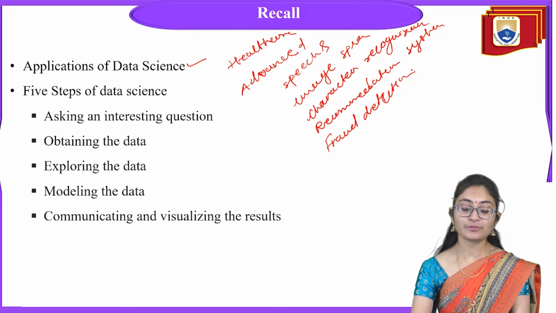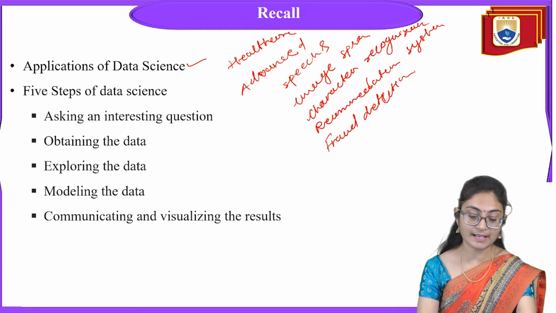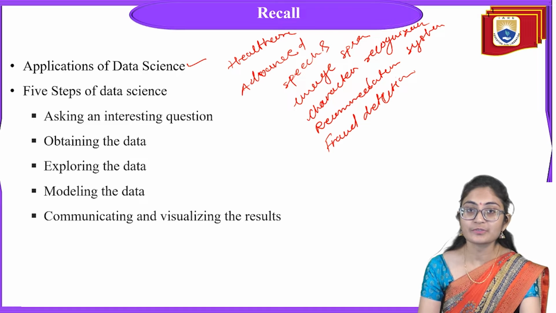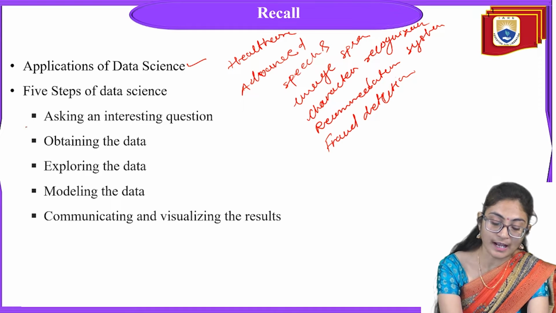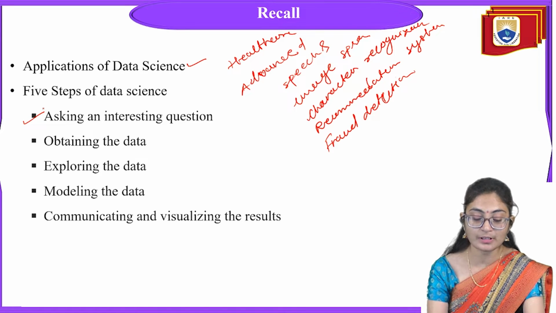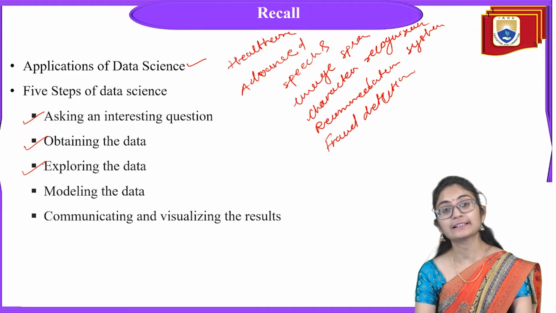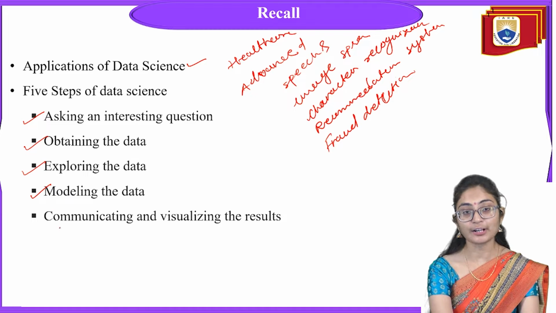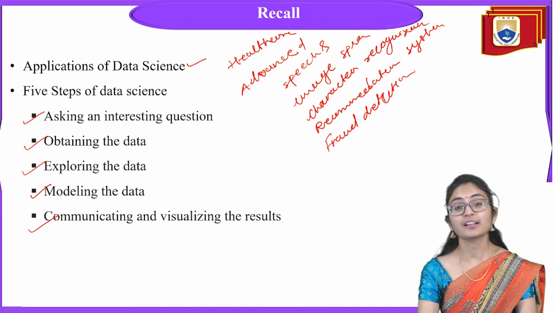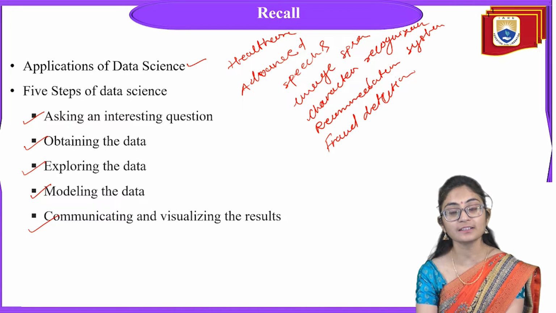After that, we saw the steps of data science. There are 5 steps: asking an interesting question, obtaining the data, exploring the data, modeling the data, and communicating and visualizing the results.